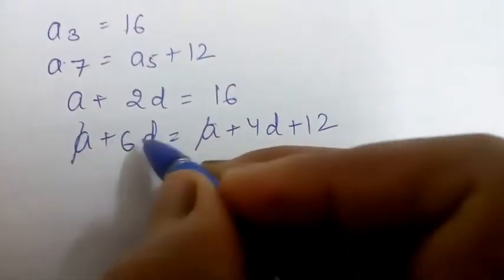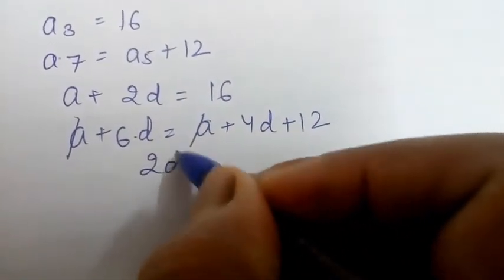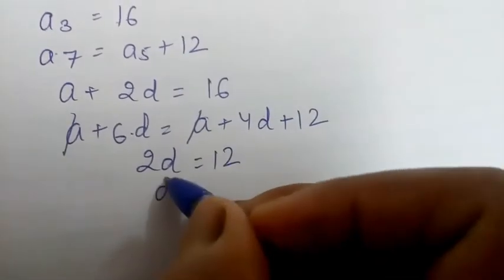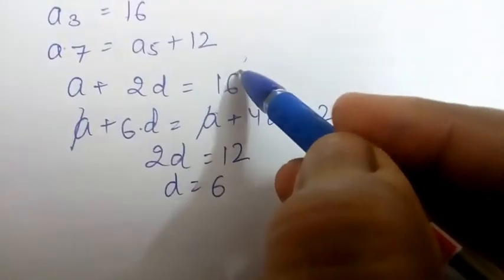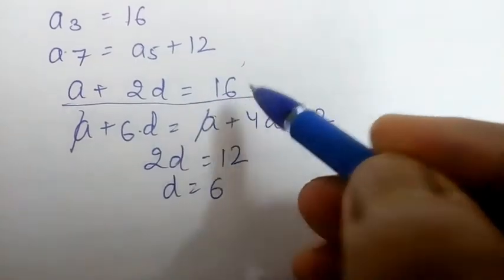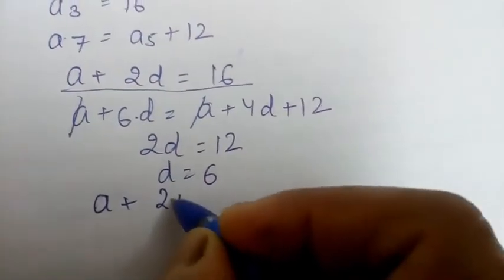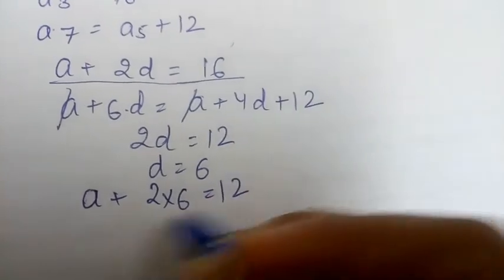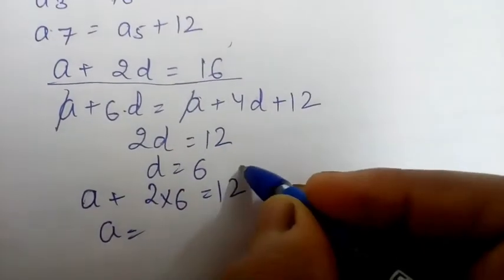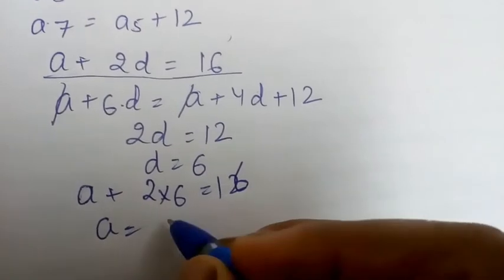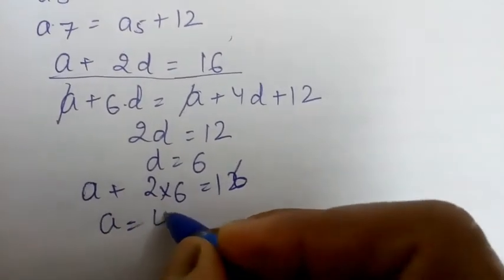A cancels. 6d minus 4d, 2d equal to 12, d equal to 6. Put the value d equal to 6 in this equation: a plus 2 into 6 equal to 16, so a equal to 16 minus 12 equal to 4.